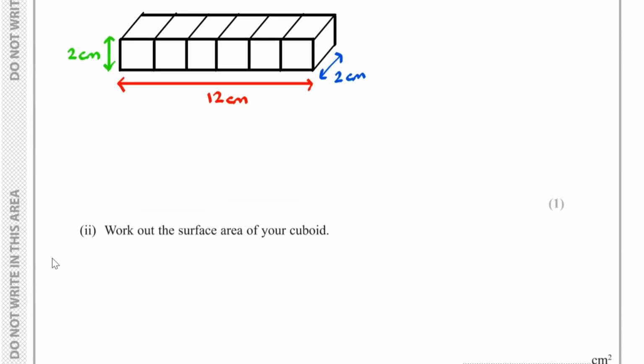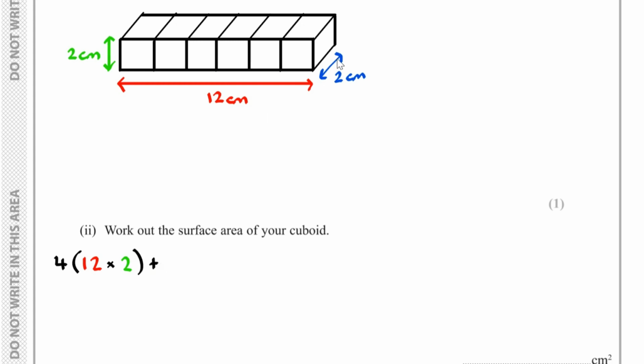So now we have to work out the surface area. For the surface area, I've got this 12 centimeters multiplied by this 2, but I've got that 4 times because it's wrapped around. So I've got 4 multiplied by 12 times 2.